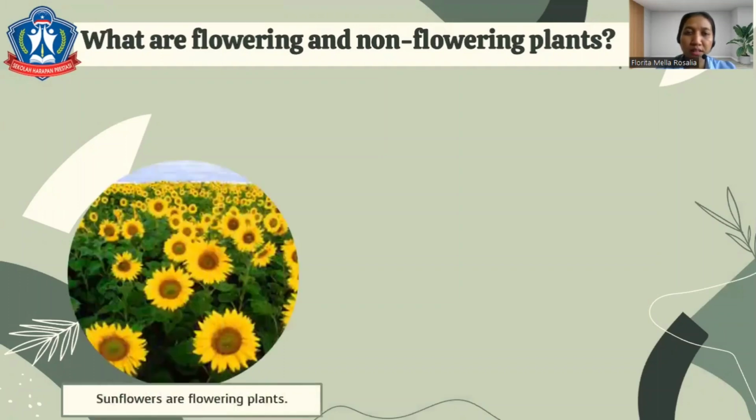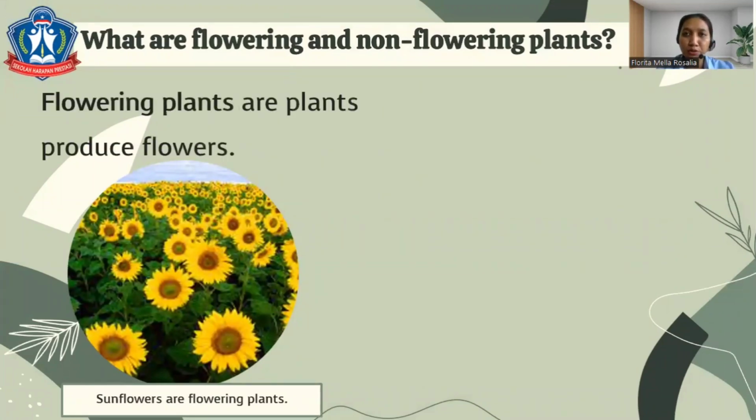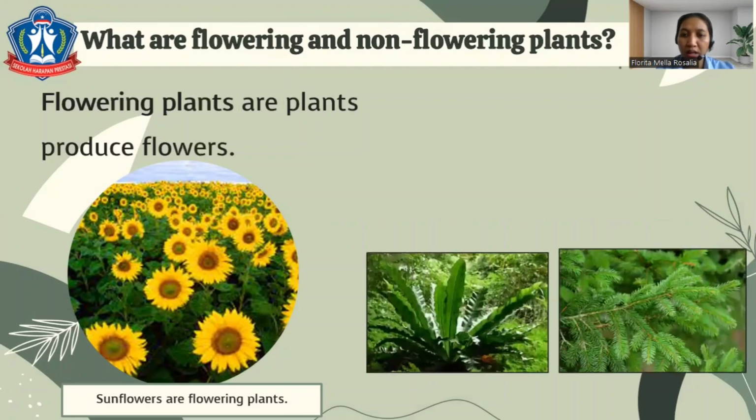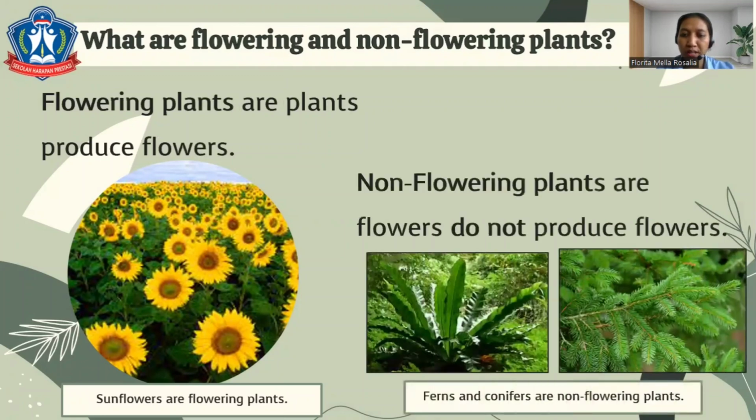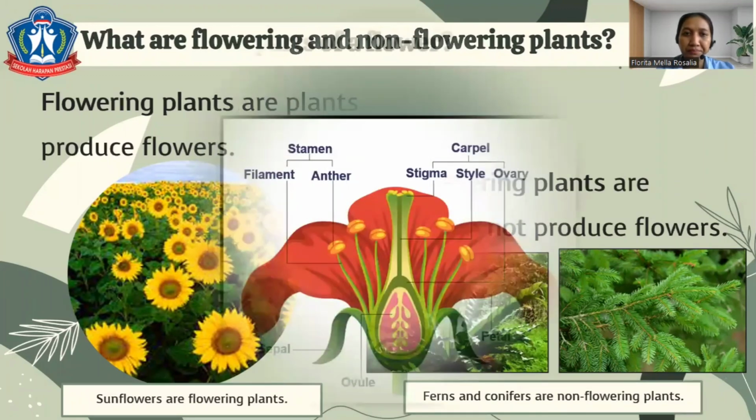The first one, sunflowers. So the sunflowers are flowering plants. These plants produce flowers. While the other example, I have ferns and conifers. They are non-flowering plants. So those plants do not produce flowers.